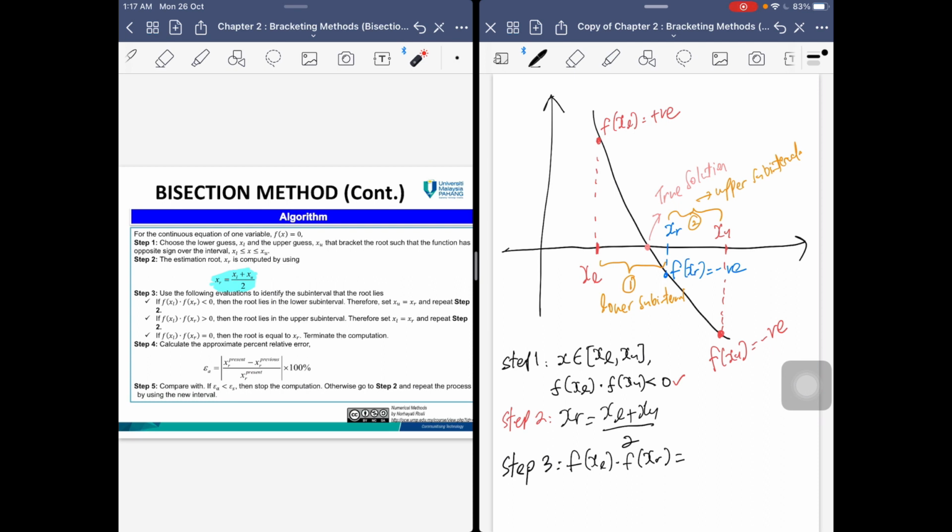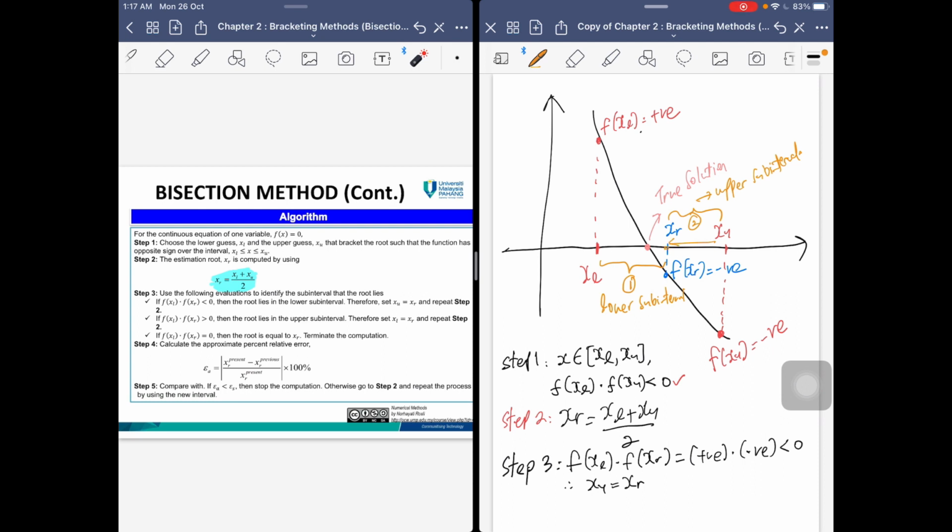From this figure, my f(XL) is positive and my f(XR) is negative. Therefore this will give me less than 0. Hence, my XU must be replaced with the value of XR, meaning that now my XU moves towards XR.